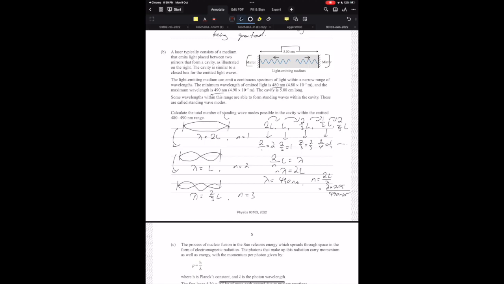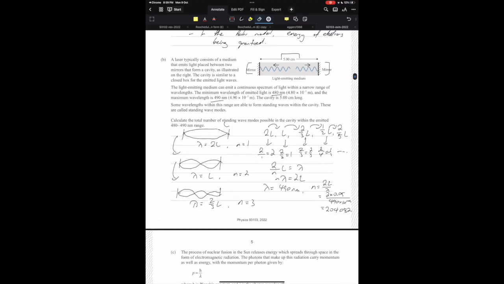And that equals 204,082. And because n has to be an integer, you can't have 1/2 harmonic. You would round to the nearest integer.